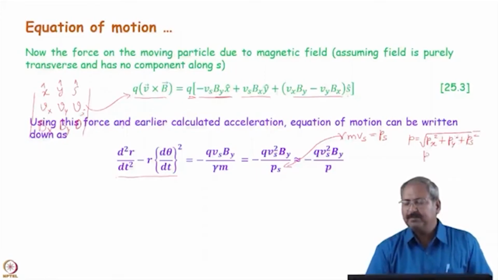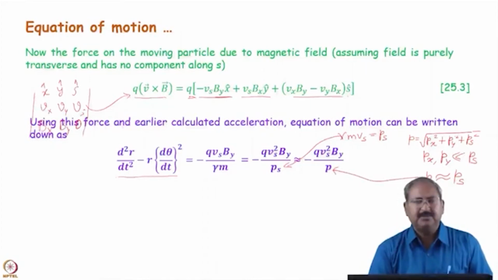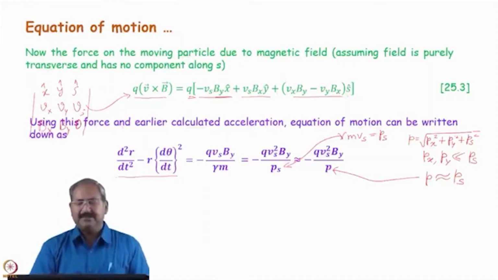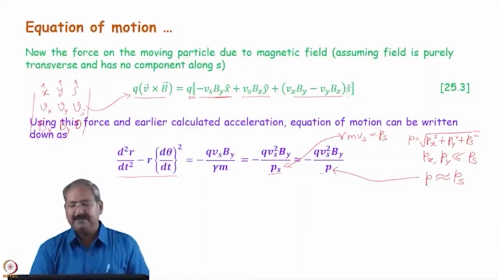However, Px and Py are both much smaller than Ps, so P is approximately equal to Ps. This approximation is known as the paraxial approximation, meaning we are not very far from the design axis and particle trajectories do not make a large angle with respect to the design trajectory.